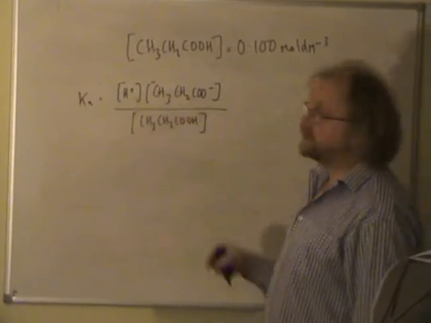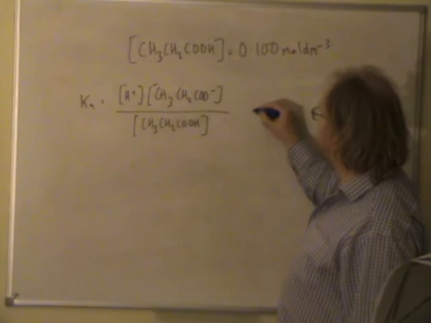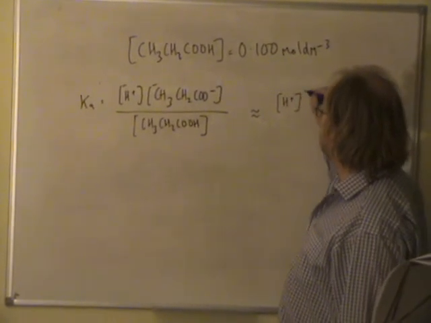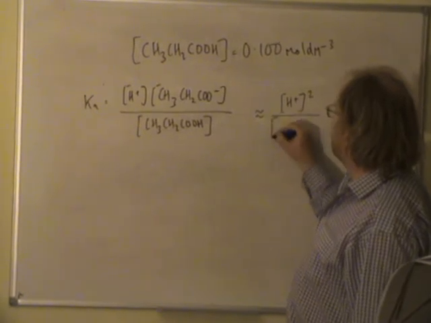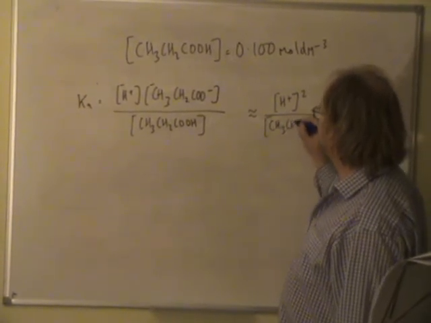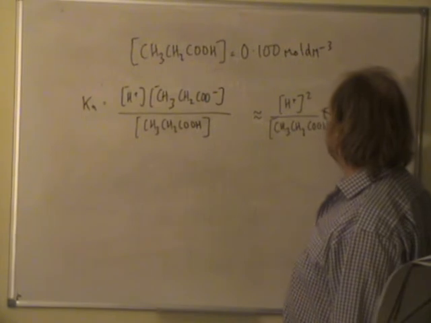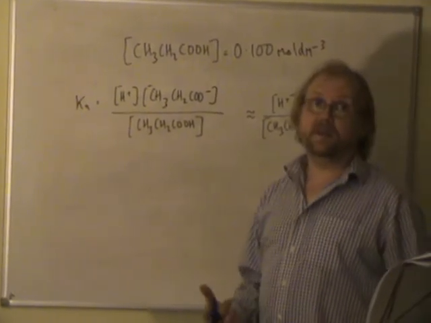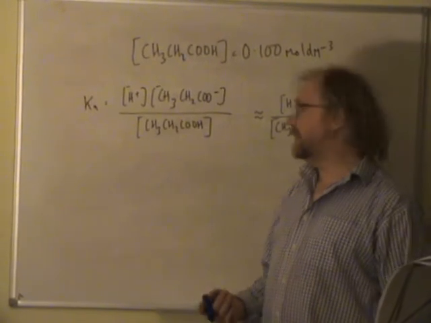So the concentrations of those will be equal, and Ka is approximately equal to H plus squared over the acid concentration. Then all you have to do is explain where you get those two numbers from, and you've got your method for calculating Ka.